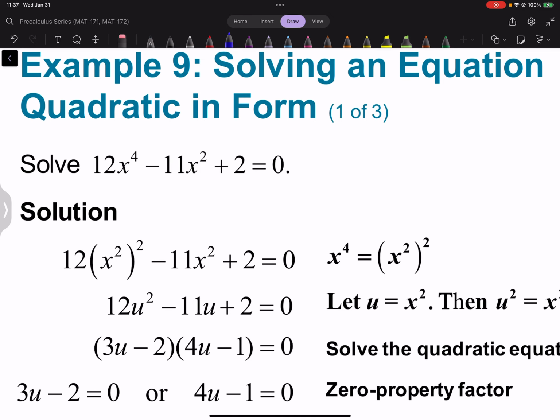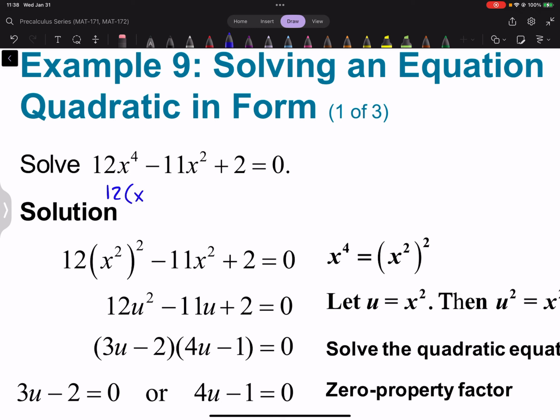Now, looking here, this is also quadratic in form. It's a little hard to see, but if you notice, x squared would be x to the fourth. I could rewrite this as 12 times x squared squared.